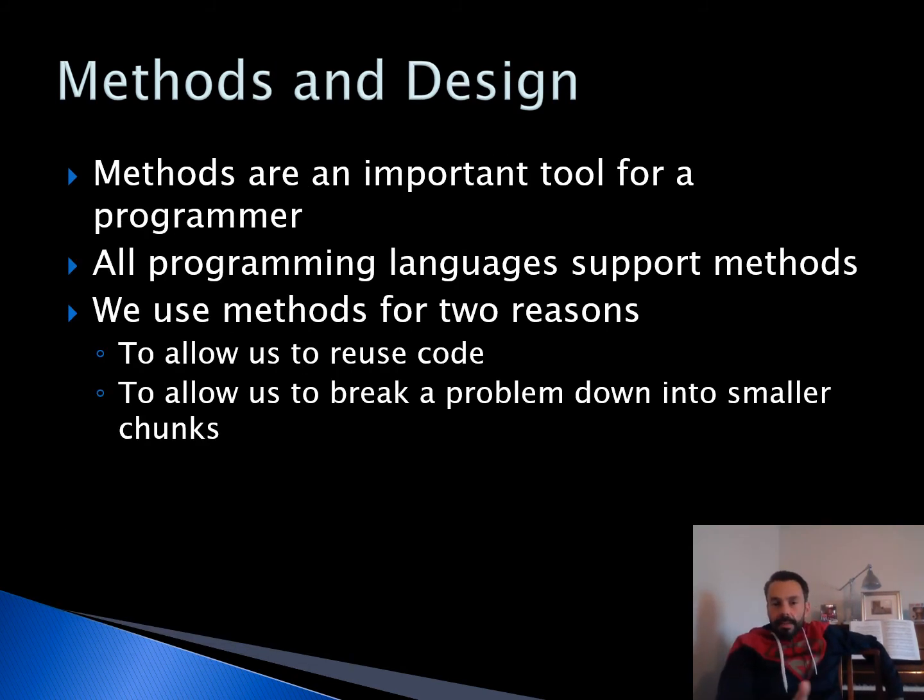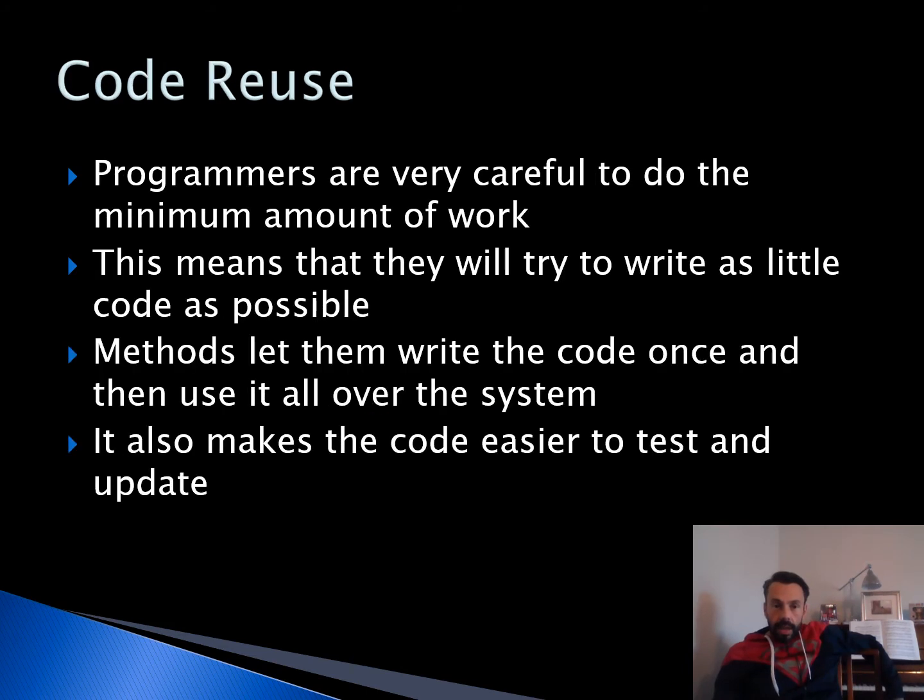Methods in design. Methods are an important tool for a programmer in order to reuse code, break down, decompose a problem, and compartmentalize these things. You're reusing code, and you're breaking down a problem into smaller chunks and decomposing it in order to think about it logically. Code reuse: programmers are very careful to do a minimum amount of work. If you're coding thousands and thousands of lines of code for a simple task, you're doing it incorrectly.